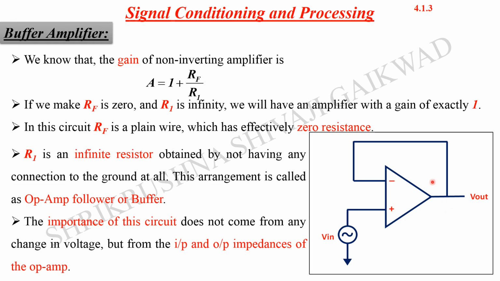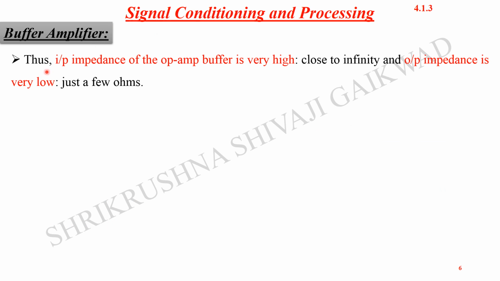So we can drive infinitely many circuits by using the output of such a buffer. Thus the input impedance of the buffer is very high, close to infinity, and the output impedance is very low, just a few ohms. This helps us to drive the many circuits present in succession.